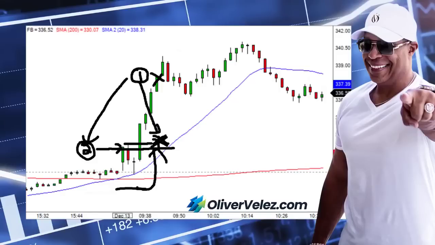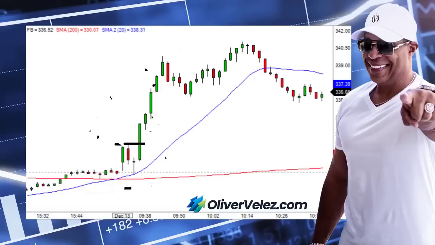Now, let me tell you why this works, why this is the best. Because it will stop you from taking profits too soon. Some traders are in the habit of snatching at their roses too quickly. They let their weeds grow, but they don't let their roses grow. Soon as they see a rose, they snatch it out of the ground and don't let their roses grow.